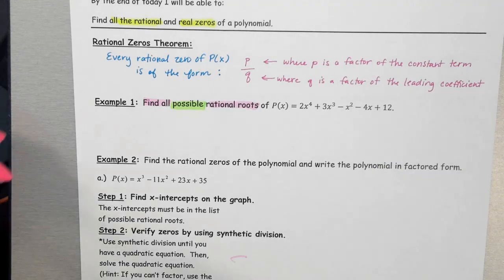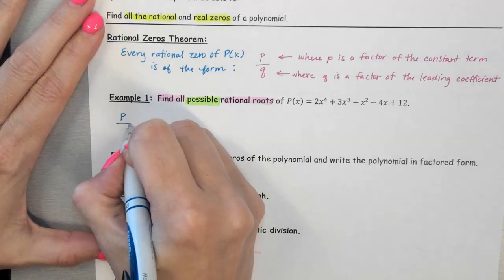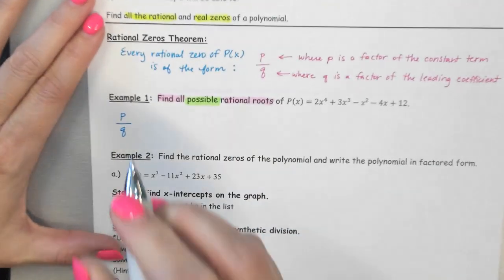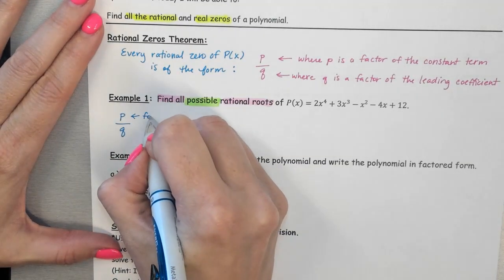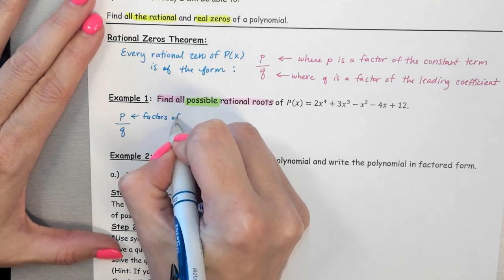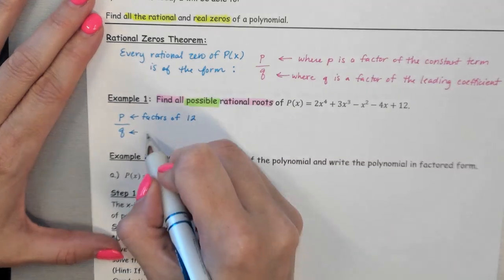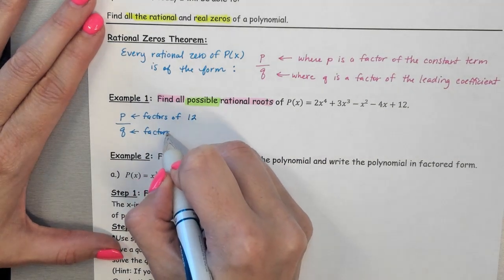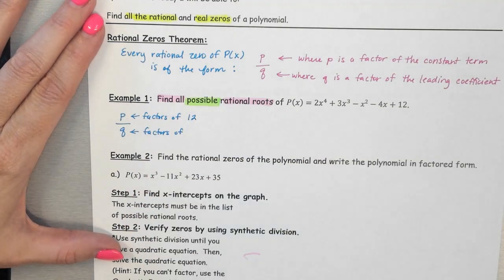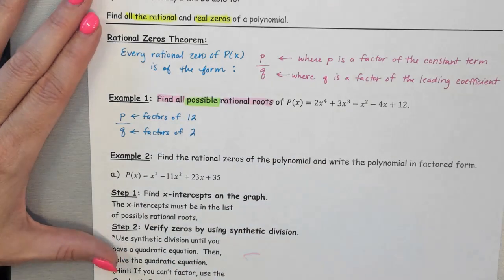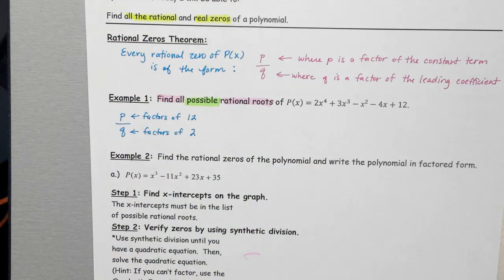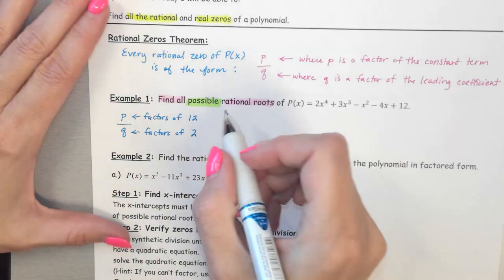All right, so then when you are finding these, you're going to do p over q. Okay, p is going to be the factors of, what's our constant term here? 12, great. Okay, and then q is going to be the factors of, what's our leading coefficient? 2.